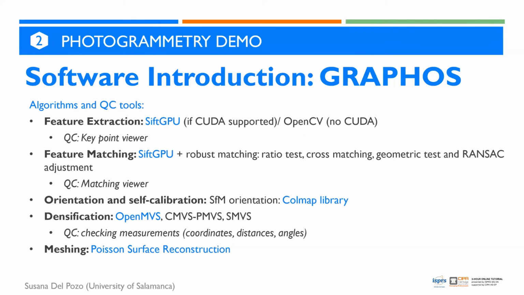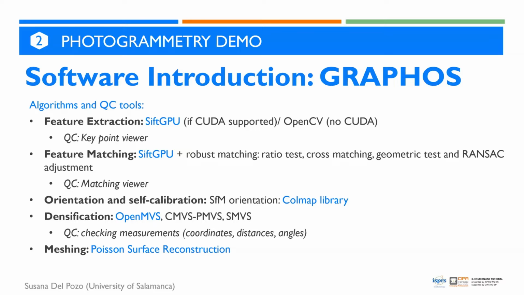Okay, in this slide I show you the core of GRAPHOS regarding the algorithms and quality control tools implemented. Regarding the feature extraction, the SIFT detector and descriptor are implemented. In case we have CUDA support, the SiftGPU library is run, and otherwise OpenCV is run.